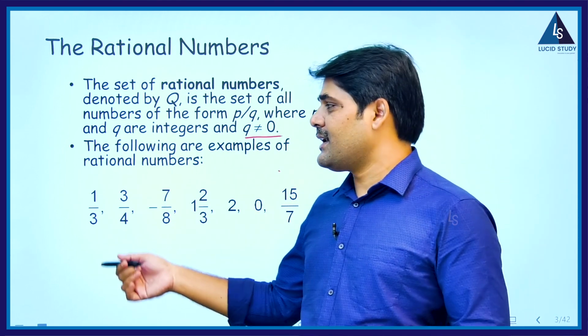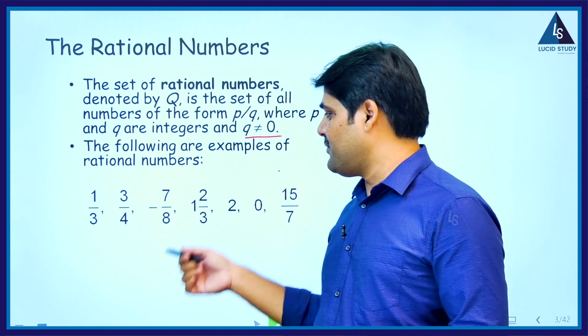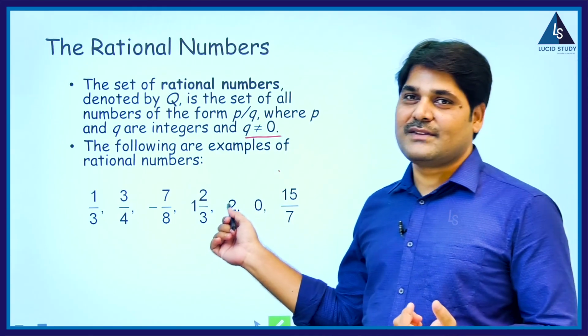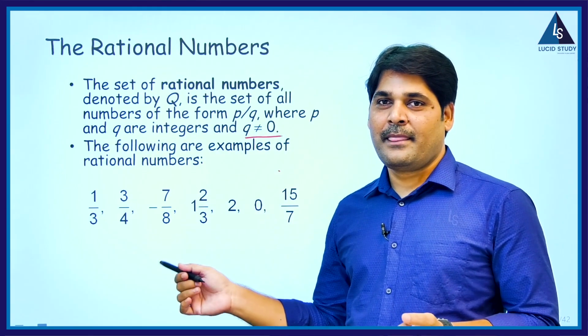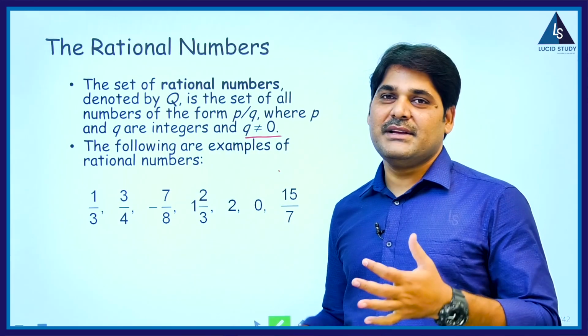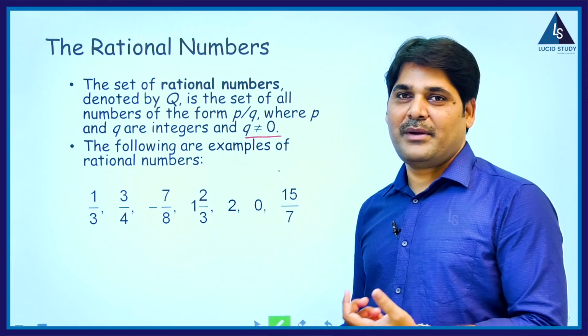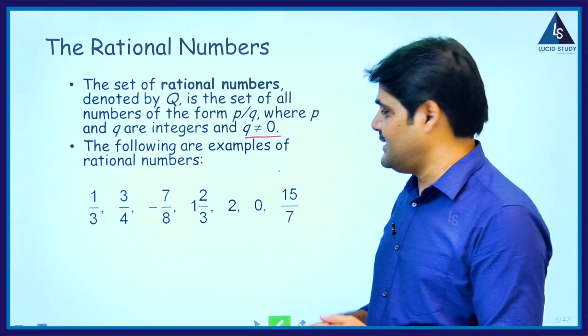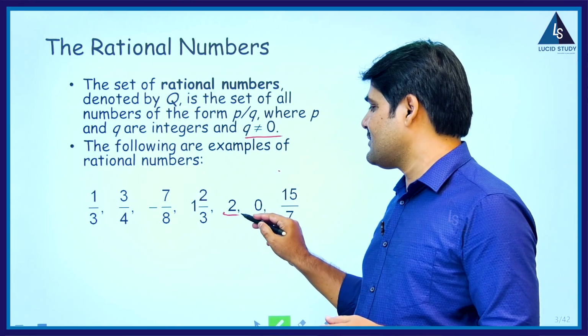See, some rational numbers I wrote: 1 by 3, 3 by 4, 7 by 8, minus 7 by 8, 1, 2 by 3. 2 is also rational number, because you can ask me that it is not in the form of p by q, how 2 is rational number? Here you can see 2 can be written as 2 by 1.